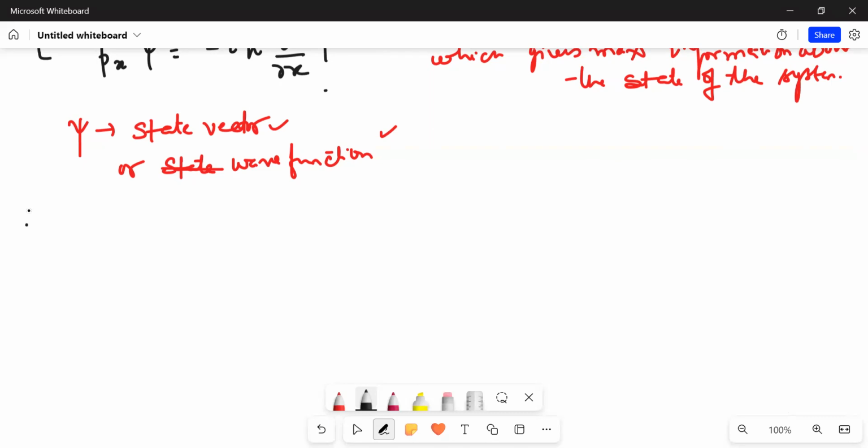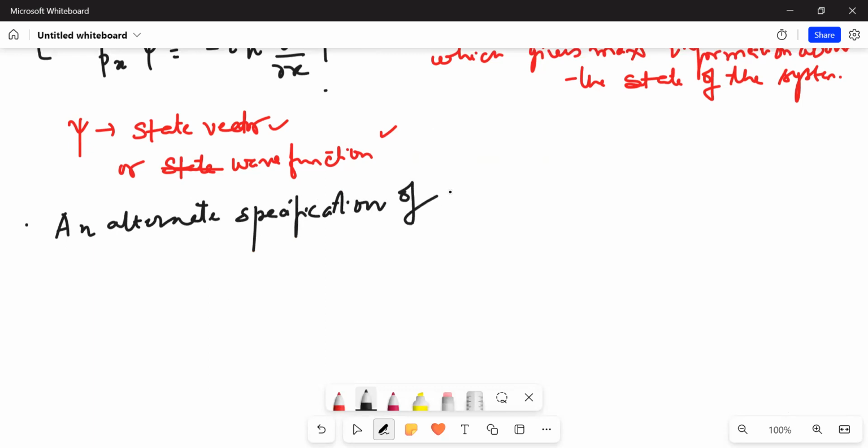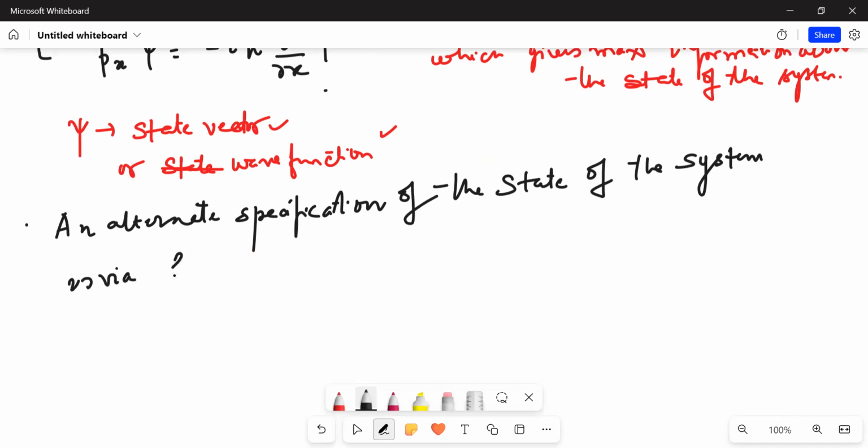So I'll write it here: an alternate specification of the state of the system is via the Fourier transform of the wave function.